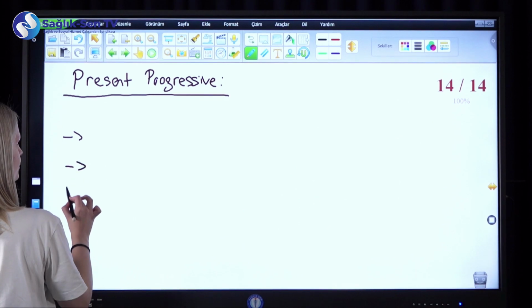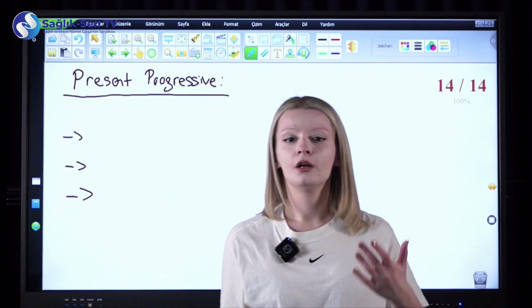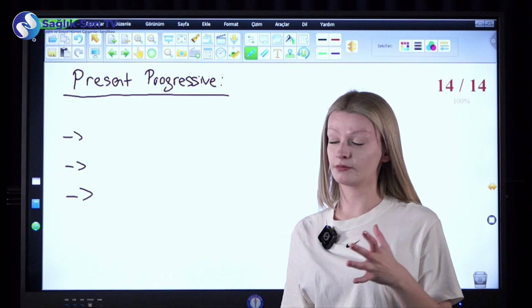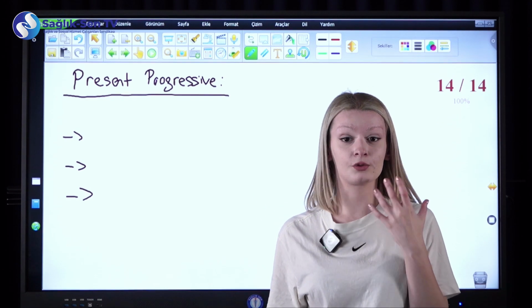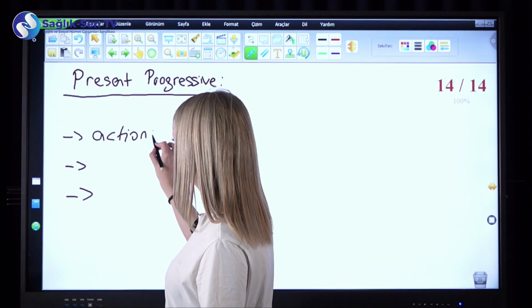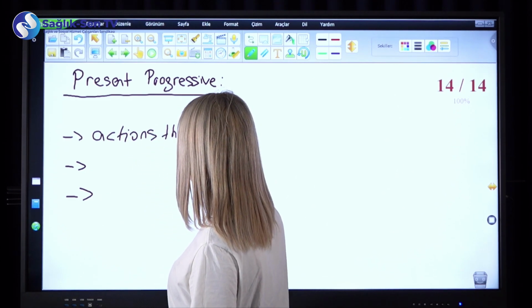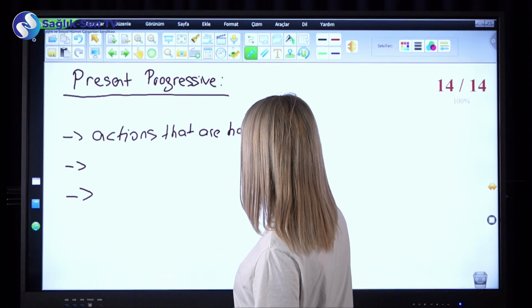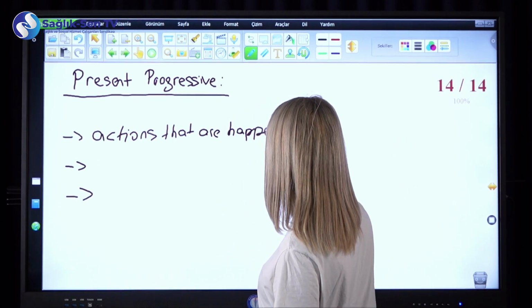Where do we use present progressive? First of all, of course, we're using present progressive to talk about actions that are happening right now.